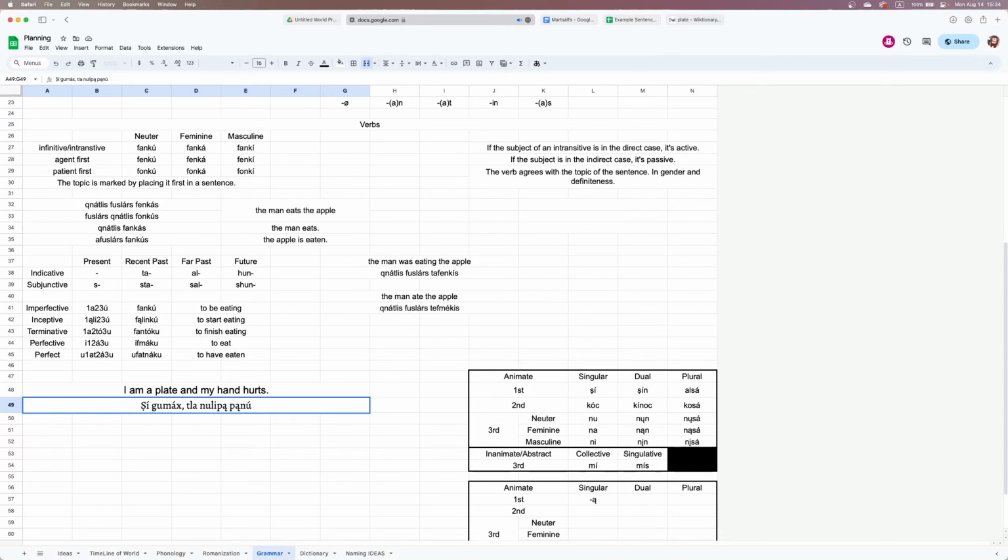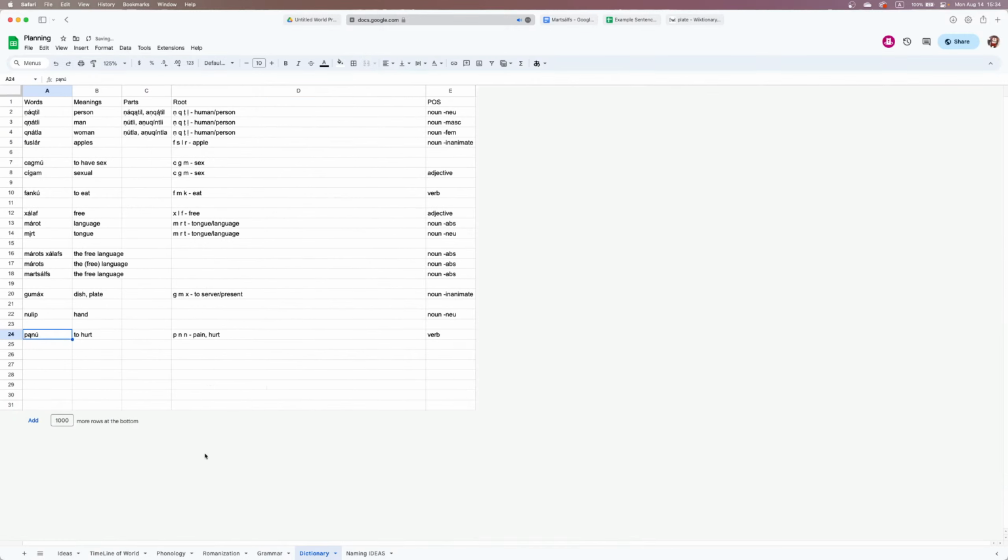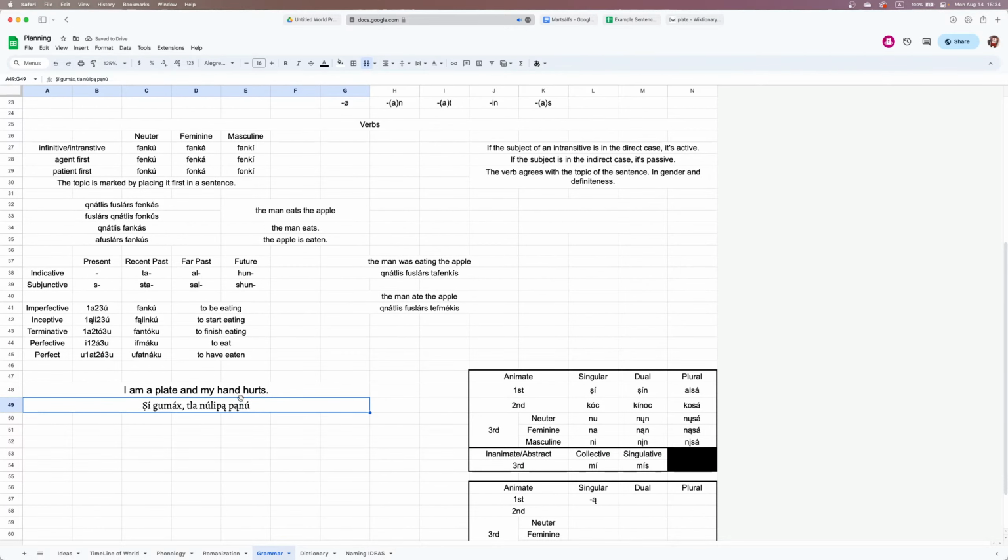Tla nulipa. Gotta get these stress marks in there because stress is very much phonemic. Shigumach tla nulipa panu.